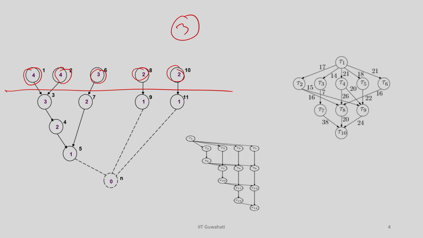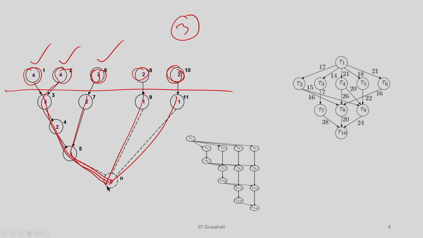I should select the nodes that have the maximum level. So I select this one and this one, because this node has level 4, meaning there are 4 nodes still to be scheduled following it. Similarly this one has 4. For this node there are 3 nodes to be scheduled, and for this node 2, and for this node 2.